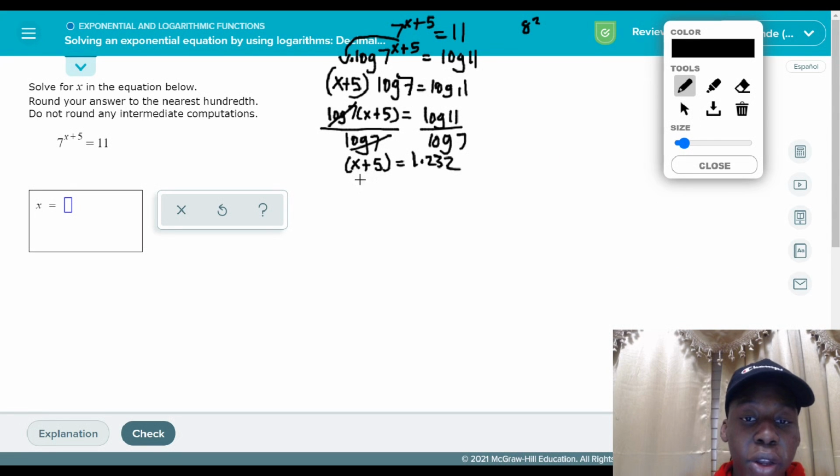In order for us to remove 5, we have to subtract 5 from both sides of the equation. That's saying x plus 5 minus 5 equals 1.232 minus 5.